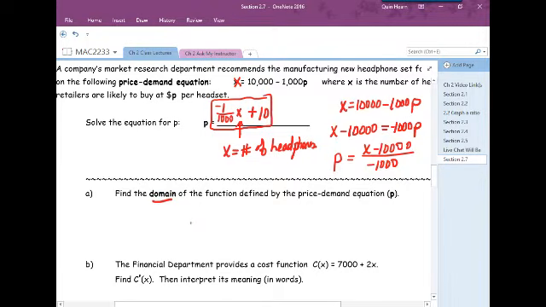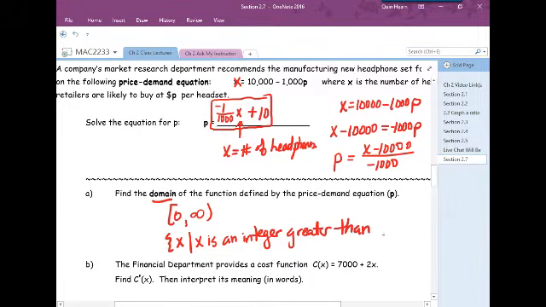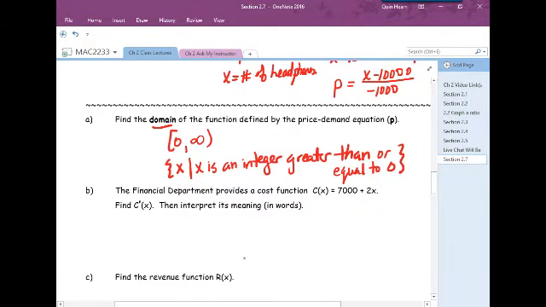So I would say that the domain is everything from 0 up to infinity, although technically we probably would only be making whole number headphones. So you could also say the set of all X such that X is an integer greater than or equal to 0. I would accept either. I'm not sure how specific they're going to be in my math lab, so pay attention to that.